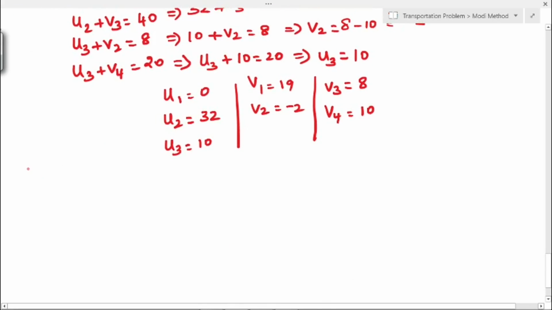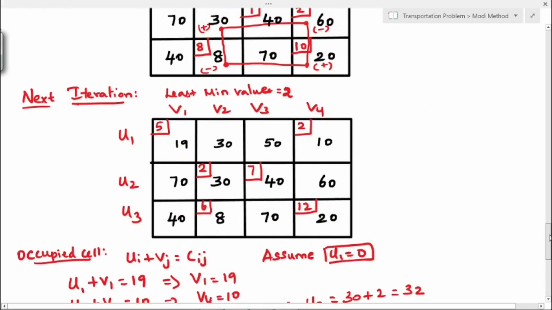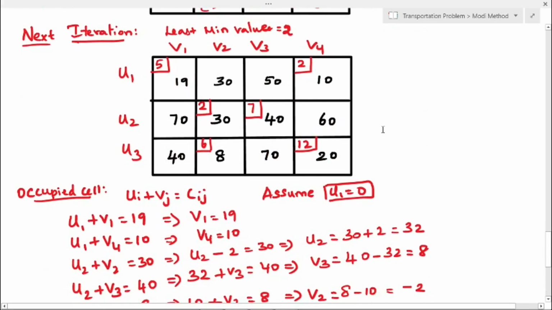For that we have to consider the unoccupied cells. We have to use Dij equal to Ui plus Vj minus Cij. So first we will find the unoccupied cells. First row, second column, that is U1, V2, and the corresponding cost value is 30.